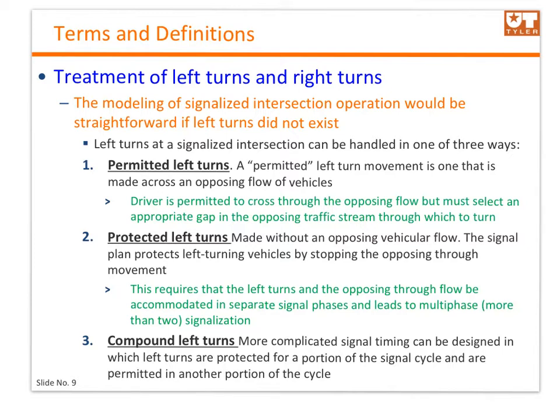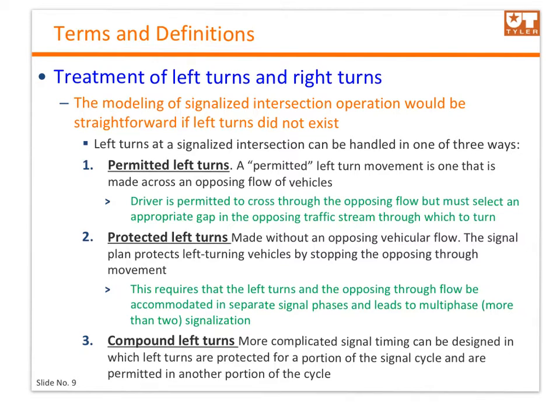The very first way to deal with a left turn is the permitted left turn. When I say permitted left turn, it means it's one that is made across an opposing flow of vehicles.